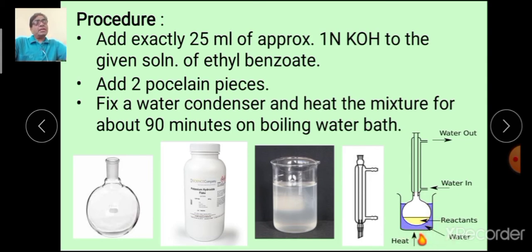Therefore heat this for 90 minutes. As we have added the KOH solution, it will react with the ester to hydrolyze it into acid and alcohol. Therefore, some amount of alkali will be consumed, and the remaining amount will remain as it is.